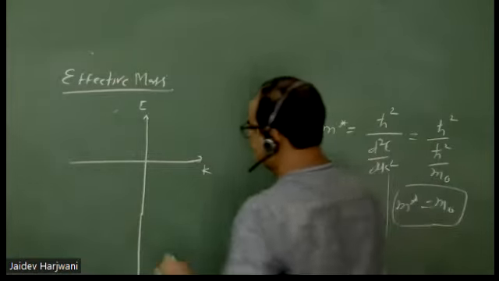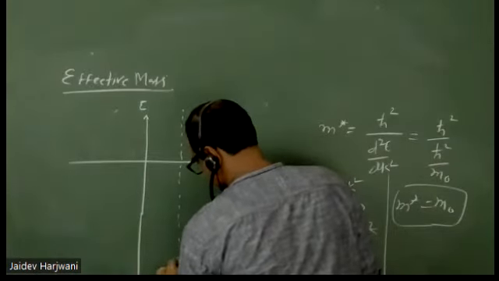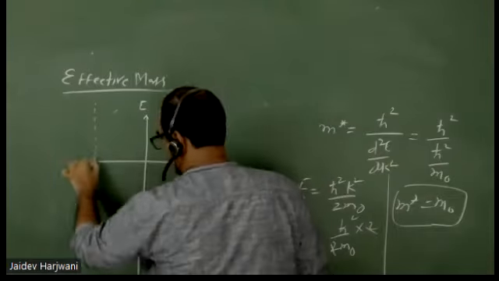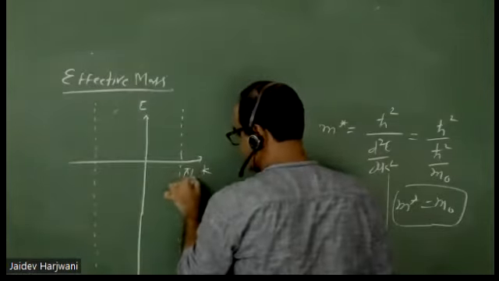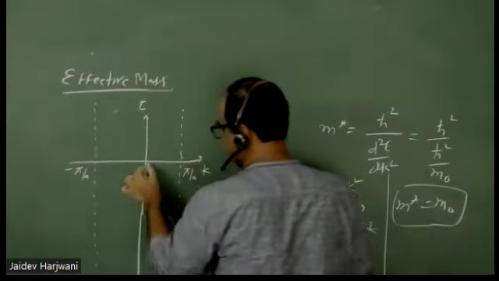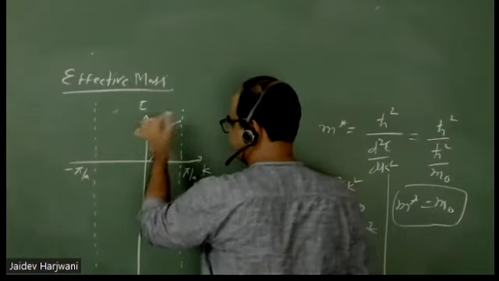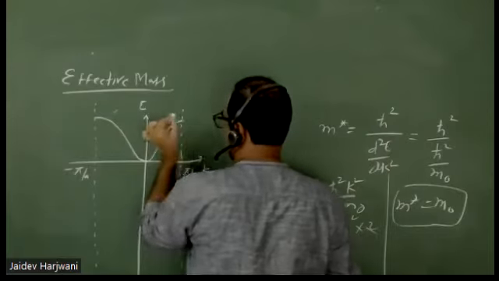Now we have seen our, I'm only drawing the first band. So this is pi by a, this is my minus pi by a. This is my Ek relation.